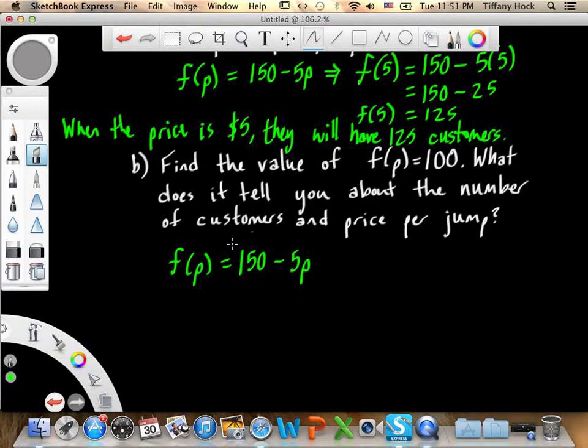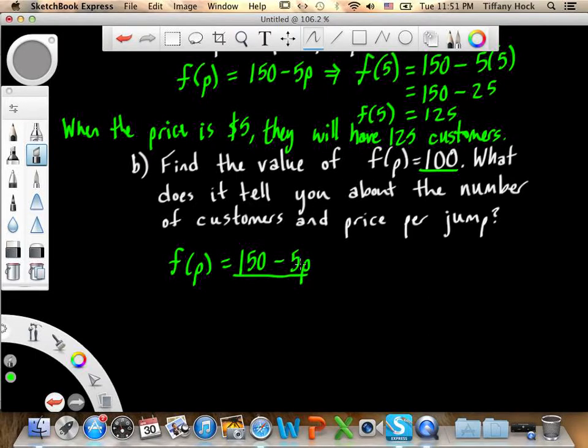Now this time they don't give us the p that goes in here, but they do tell us that f of p equals 100. So if f of p equals this and it equals 100, that means that this part and 100 have to be the same thing, because f of p is equal to both of these.